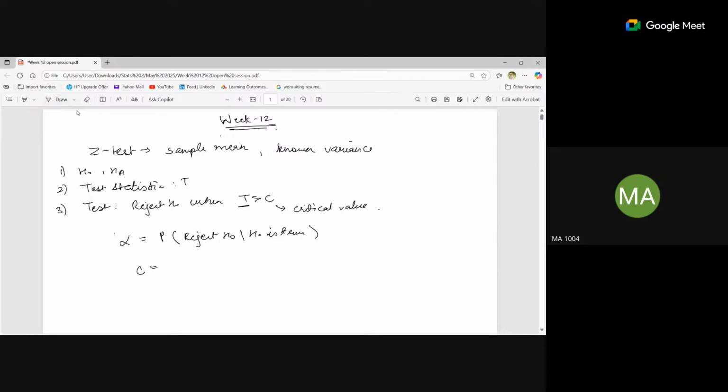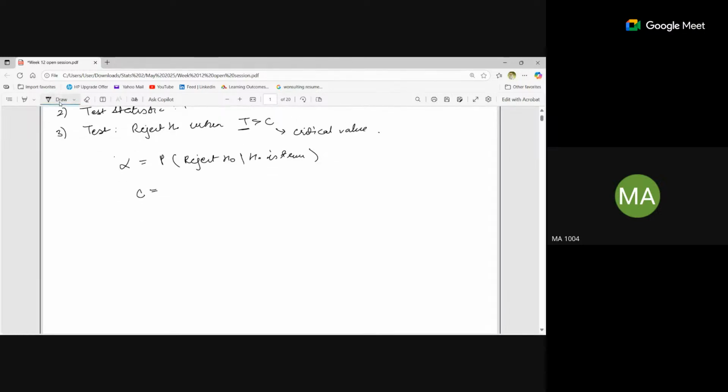Now in week 12, we have different kinds of tests. The first test is the T test. So when do we do this T test? The T test is done when we have an unknown variance.